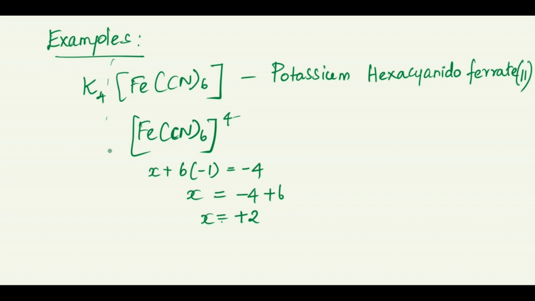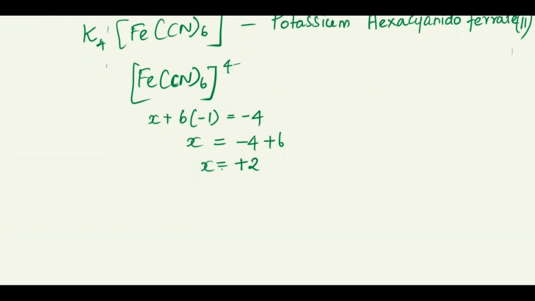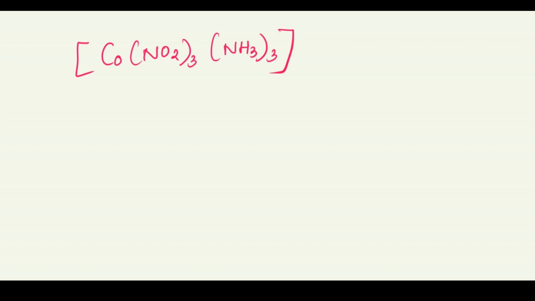Then we'll see one more example. Let's say this example, Co, that is cobalt, which has the ligands nitro and ammine. It is a neutral compound, so outside the coordination sphere we don't have any ions.